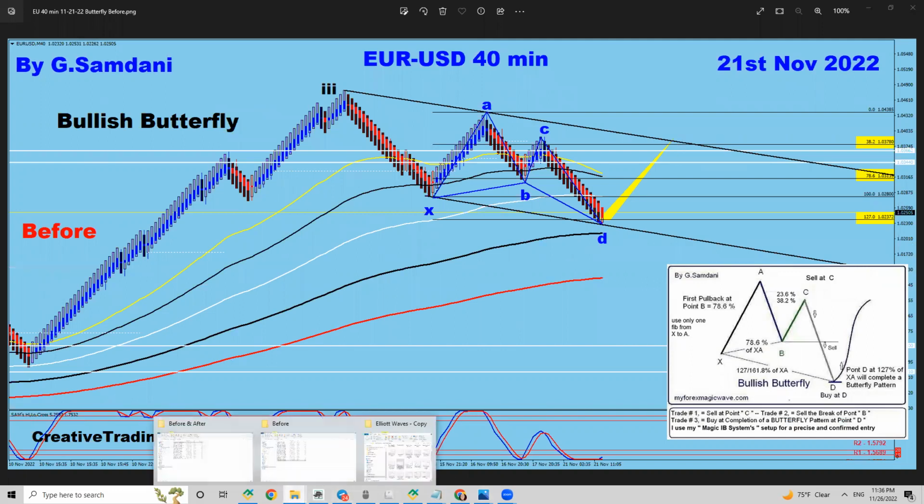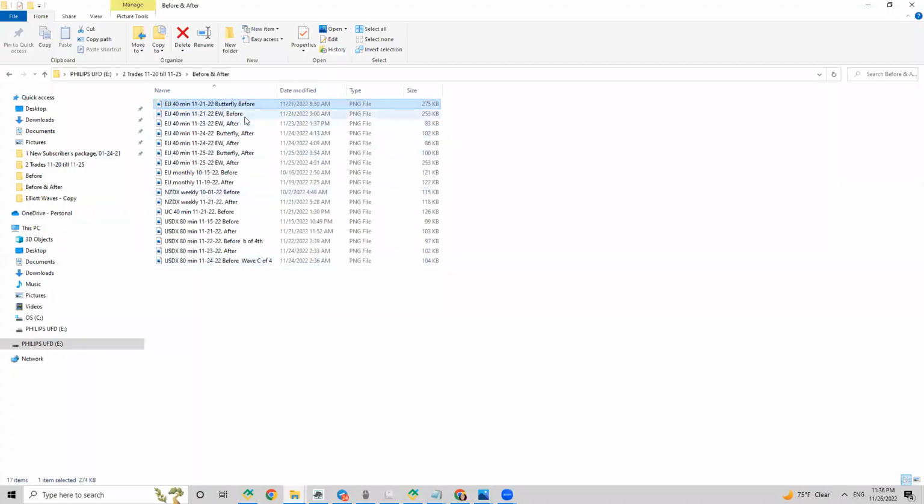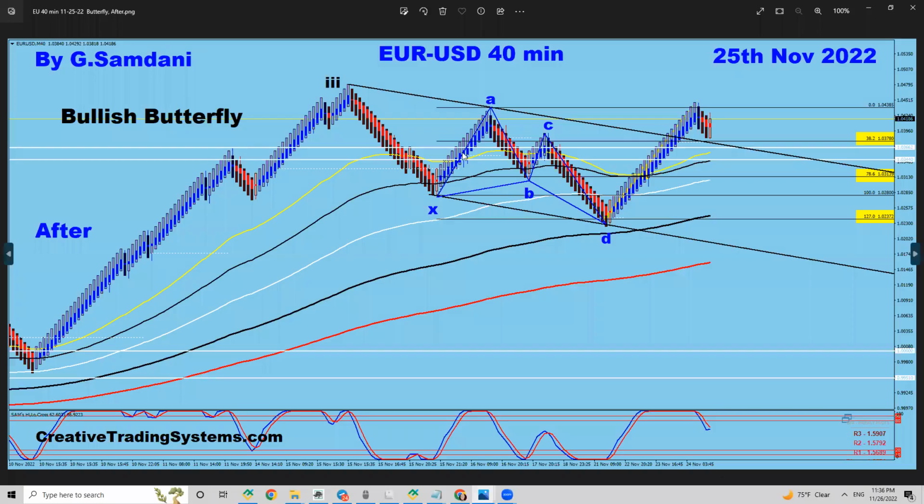And exactly what happened to this chart is the butterfly pattern. You see that X A B C D is finished here, and then it's supposed to go up, and it went up straight like that. And I had a couple of trades with this move, right?